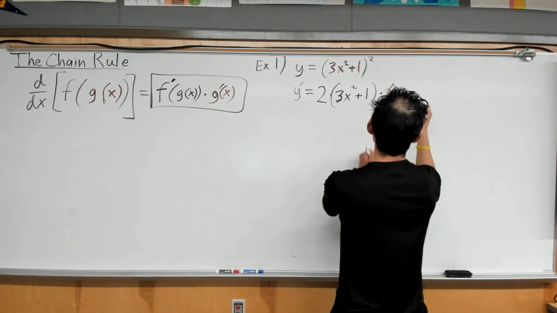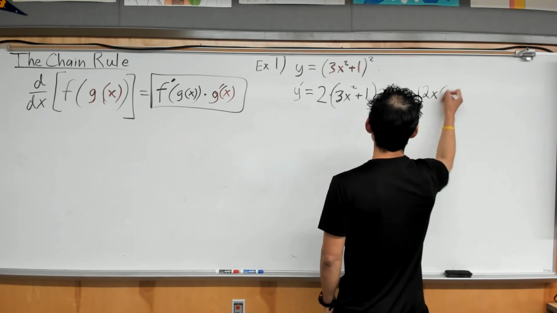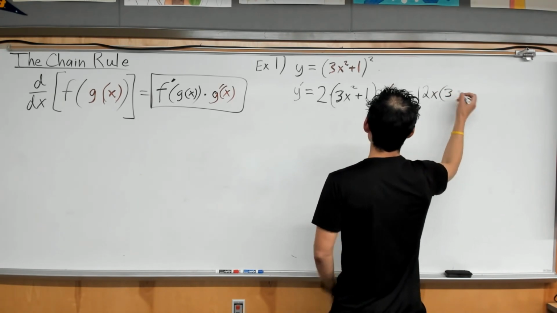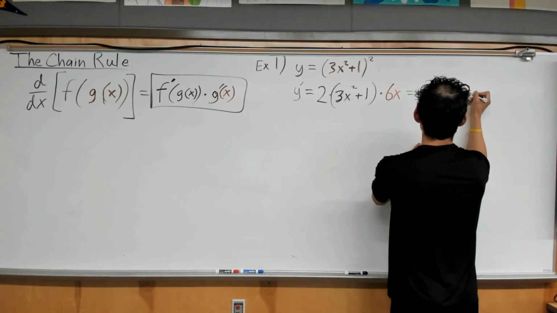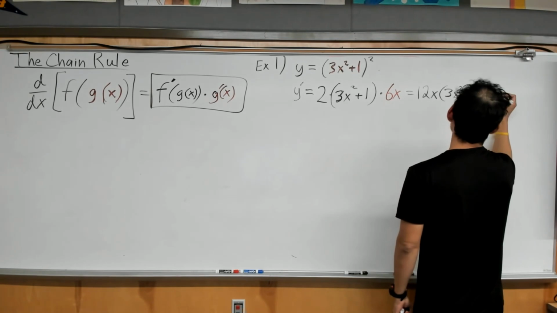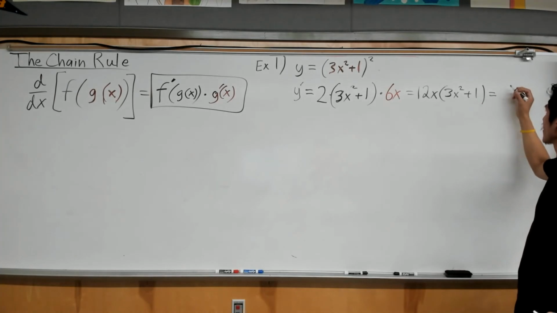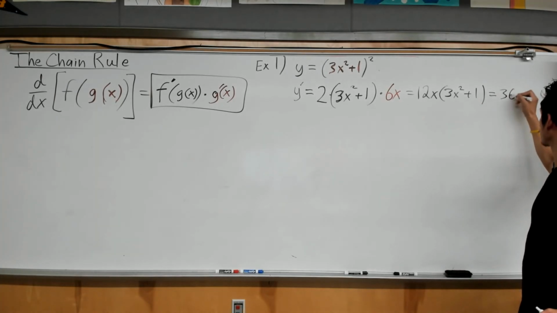We can simplify this, and this will give us 12x times 3x squared plus 1. Or let me go all the way: 36x squared plus 12x.